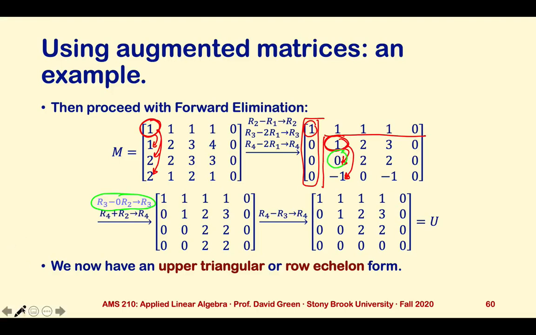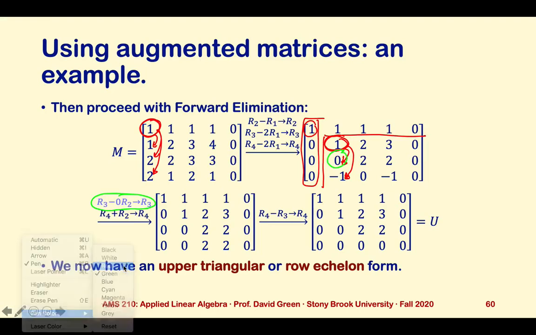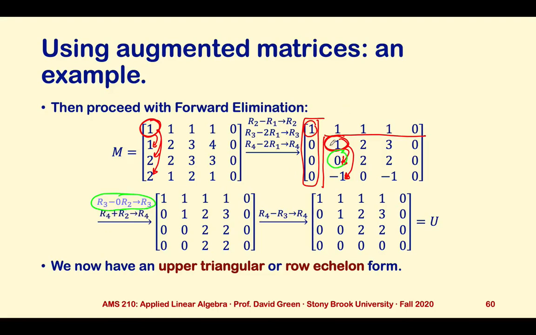We do need to eliminate the entry in row 4. There's a -1 here. How do we get rid of that? We get rid of that by having a new row 4 that comes from row 4 plus the second row. Right?